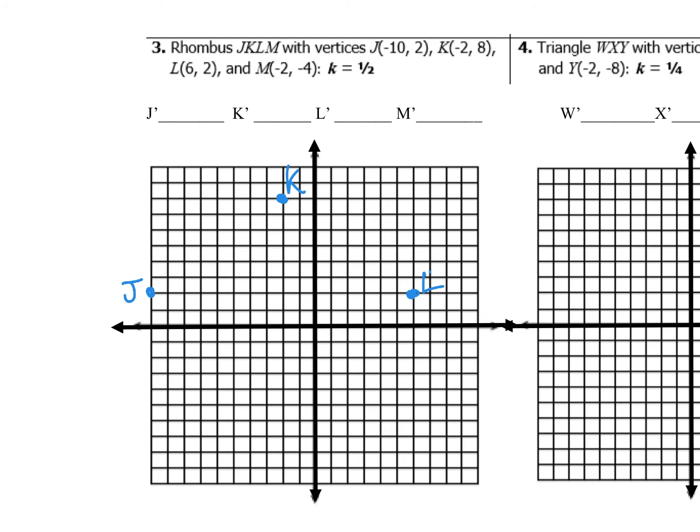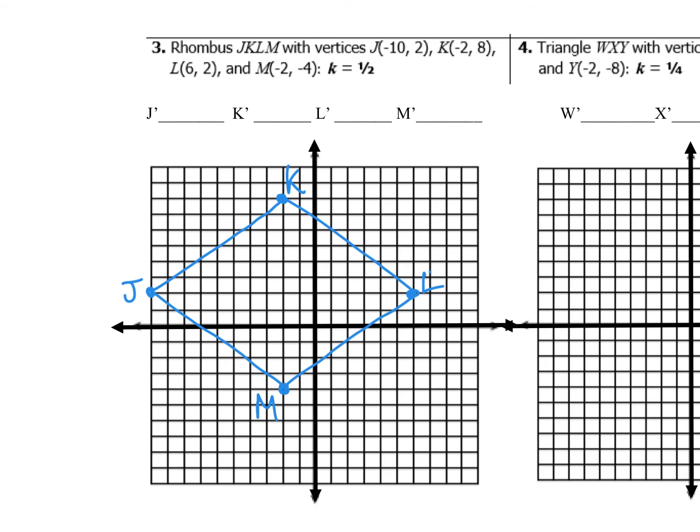And then M is at -2, -4. So there's my rhombus. Remember, a rhombus is like a tilted square.